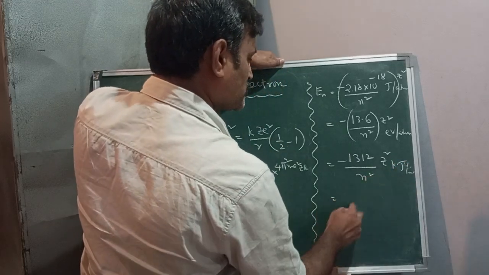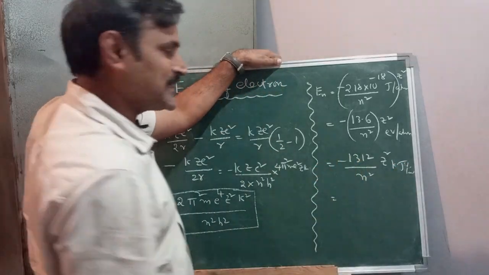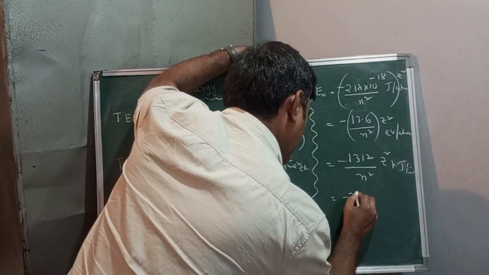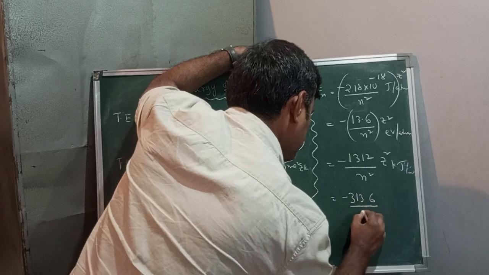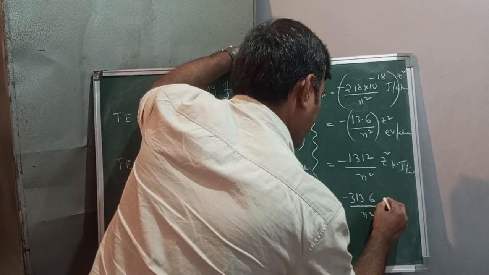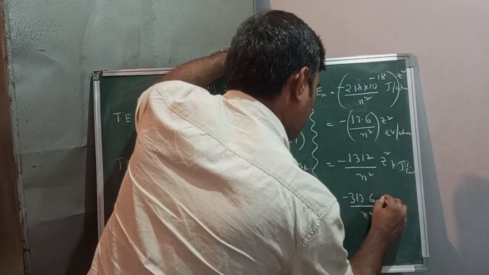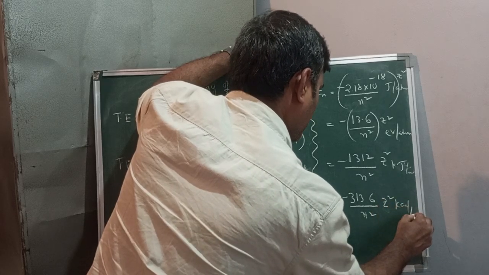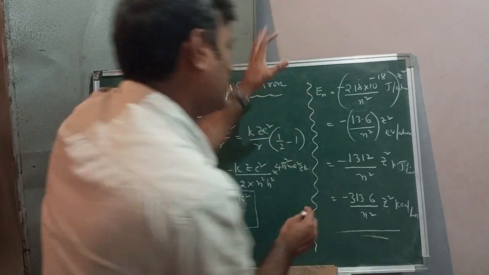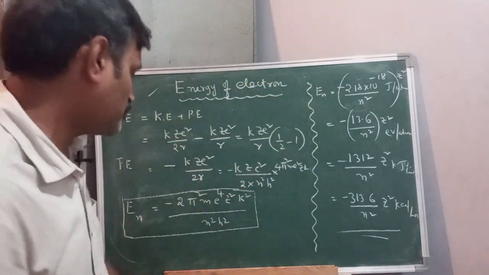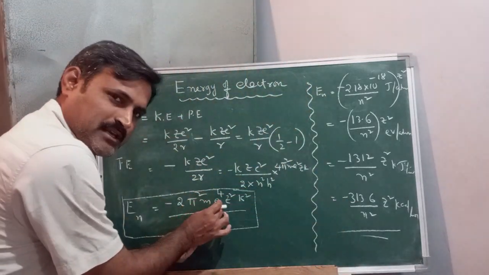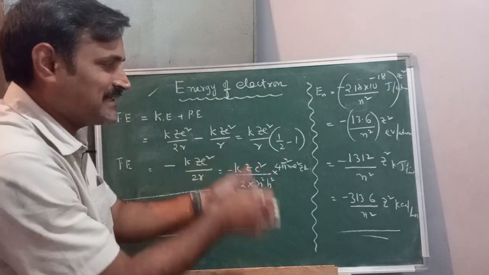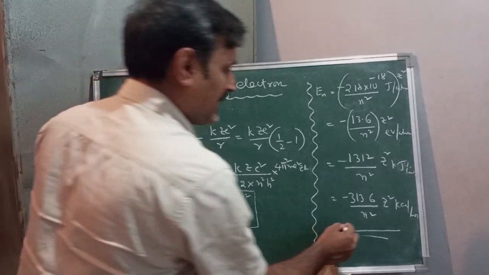Whereas for kilocalories, you divide this by 4.18 and you will get 313.6 by n square into z square. This answer will be in kilocalories per mole. So these are the values you will get after substituting pi, m, e, k and h values in this Bohr's energy expression.